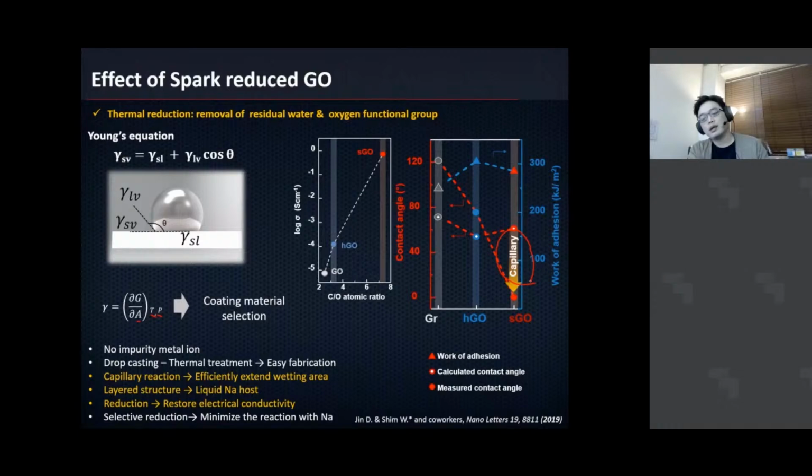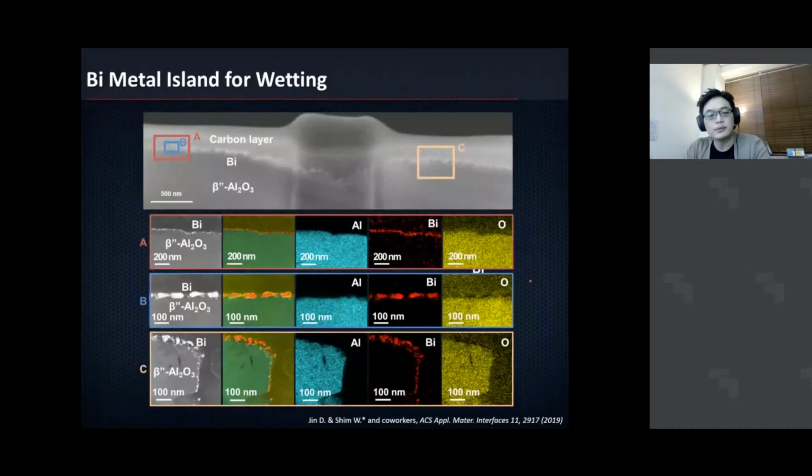So in the study of, let's say, the high temperature sodium metal chloride battery, we always look at the surface energy of the sodium or the other material at the interface. But I think this is the very first time to consider the capillary effect in high temperature sodium battery research. So this is a typical example. Let's say I put a metal like bismuth, which can enhance the wettability of liquid sodium.